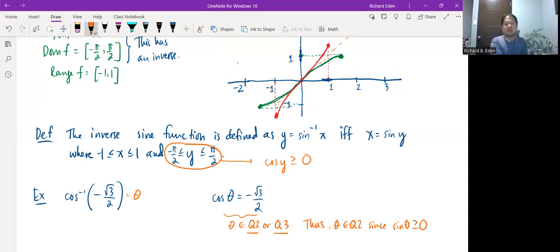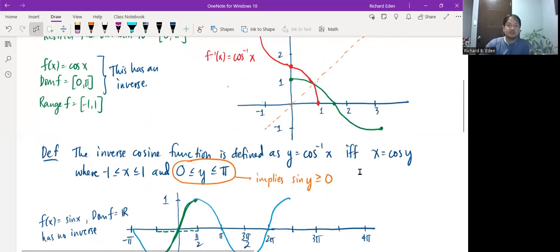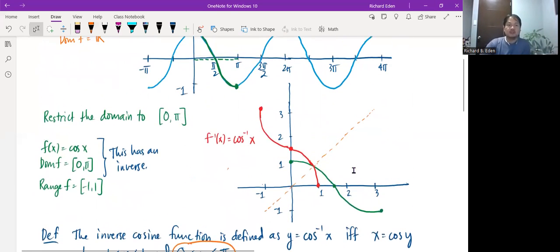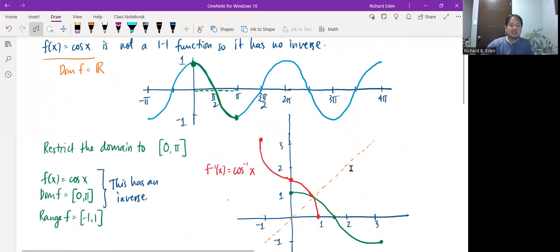Because there is actually a specific choice for the restriction of the domain. Going back to the cosine function, we realized that to end up with a one-to-one function, we have to restrict the domain. And we chose 0 to pi, so that the green graph in the first drawing would pass the horizontal line test.